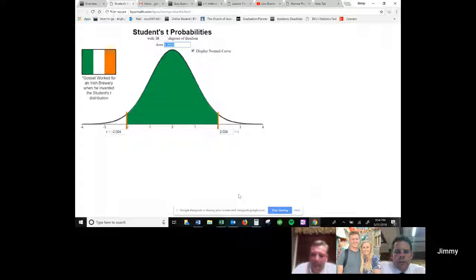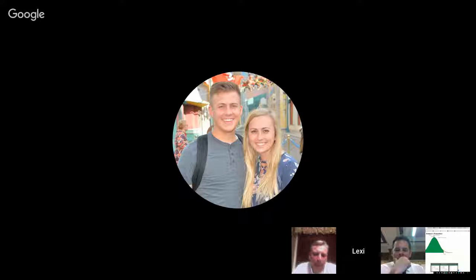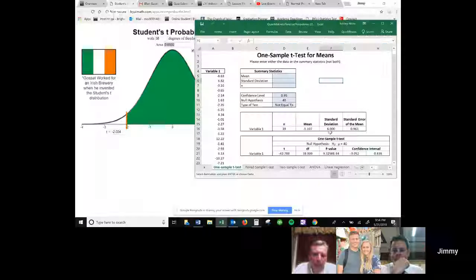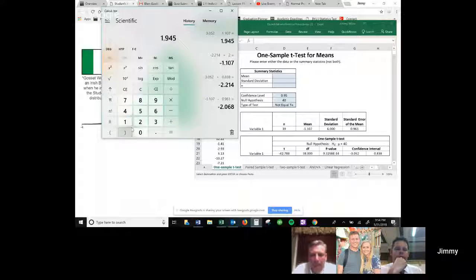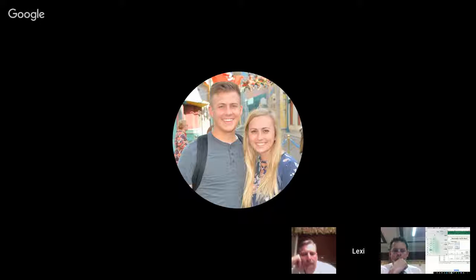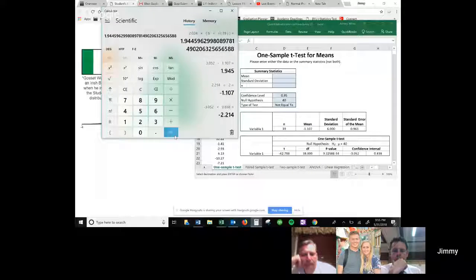So then it would be 4 times standard deviation of 6 divided by the square root of 39. Yep, that's it. That's how you do it.